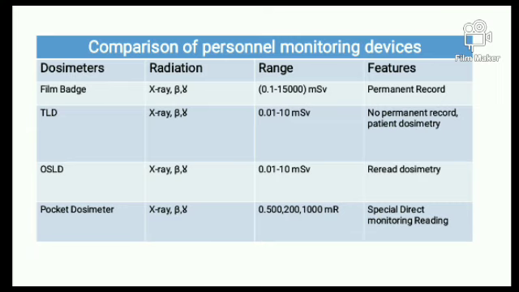Next thing we have the OSL, a recently launched machine. Unless and until you hit it with laser light, the dose will be retained, and this is also capable of measuring X-ray, beta and gamma rays, as well as low and high radiation. Next thing we have the pocket dosimeter, and it is very useful for getting the instant doses.